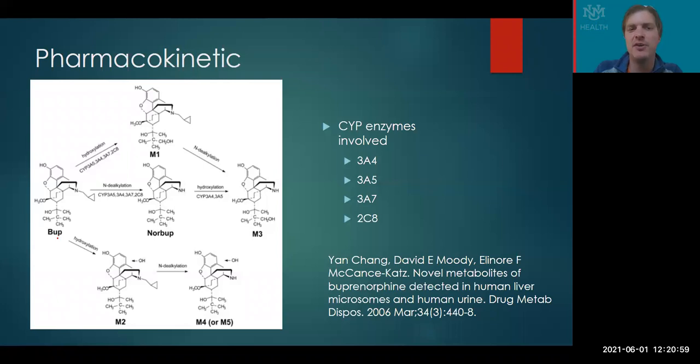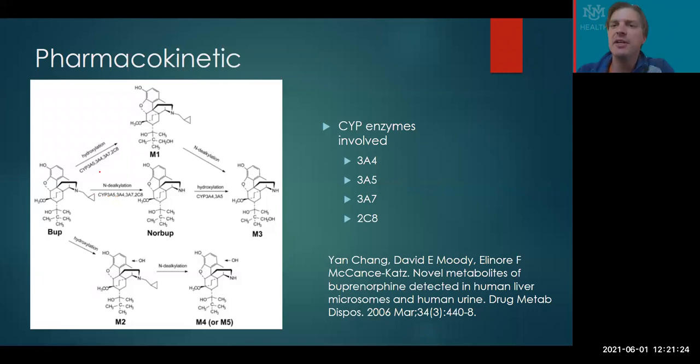So we have buprenorphine over here, with three different methods of hydroxylation and dealkylation, giving us some different components and different metabolites. What's important is going to be the CYP enzymes that are involved here.